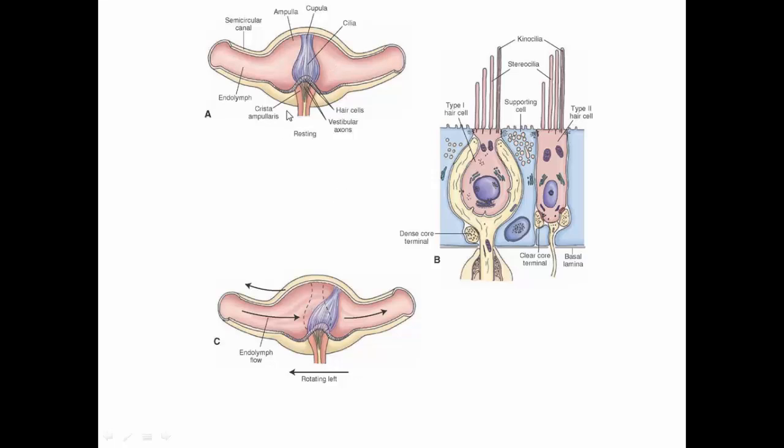Well, that ampulla really is trying to stay where it is. The inertia is going to hold it there, so it's going to move. This is then interpreted by the brain. The cerebellum works together again to tell you, okay, you're rotating left, I need to correct the other way. And you can see there are hair cells here. There's more than one type. Not super important. Just see the hairs sticking out of the cells.